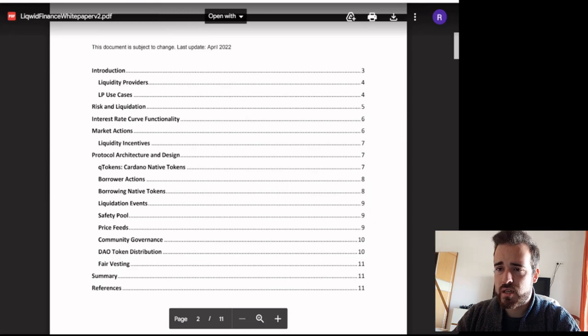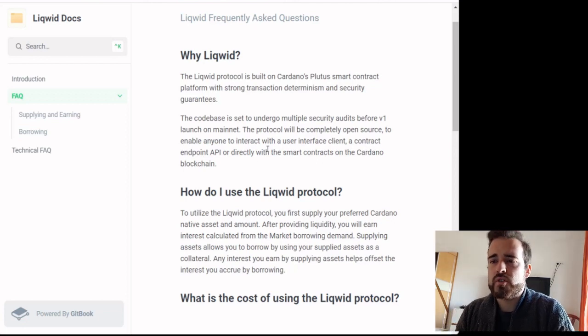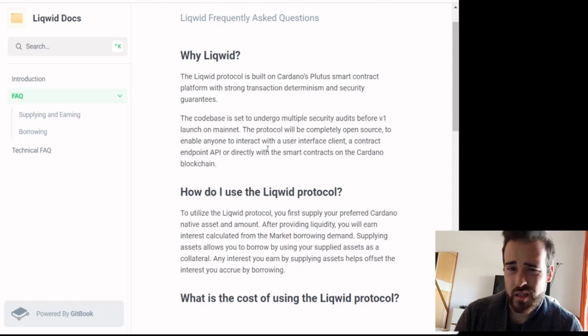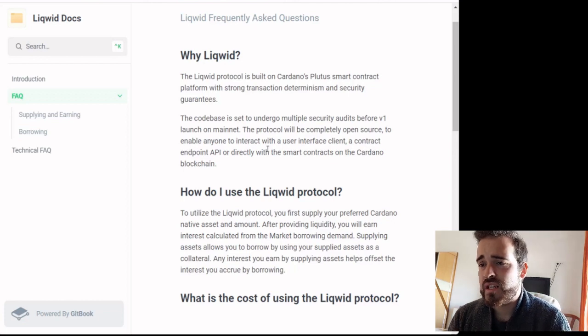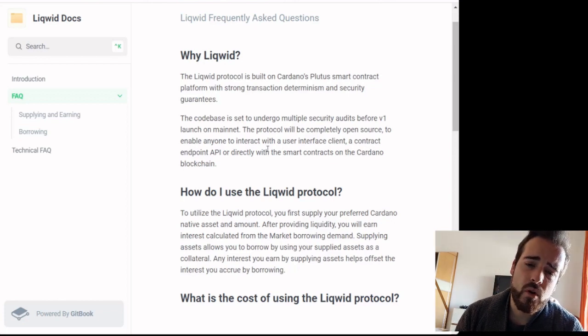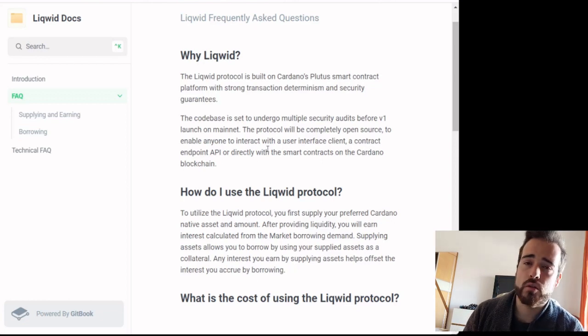Okay, one thing that I believe is very positive about Liqwid is that it's a protocol that is doing things differently. You know, they really are worried about security. They want to undergo multiple audits. I think they did that already because they just recently launched. And besides that, all the smart contracts and everything is open source, so people can actually go there and take a look.